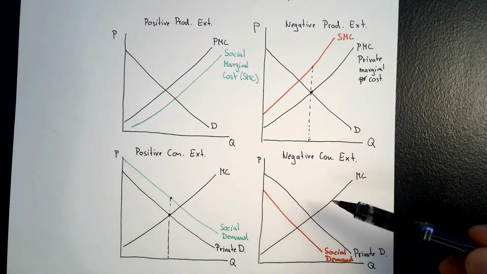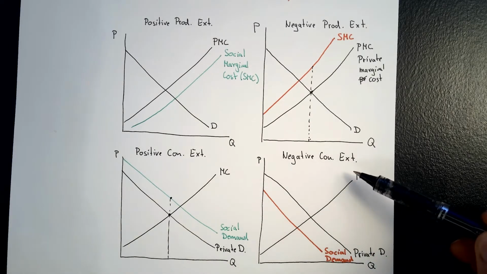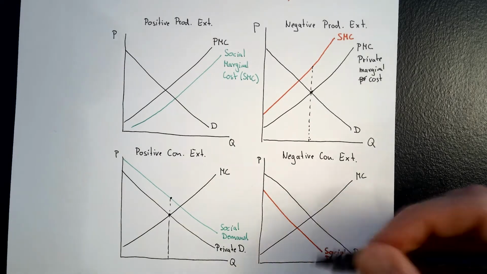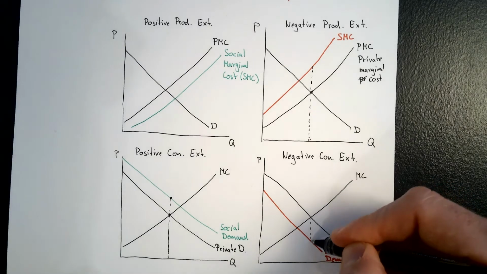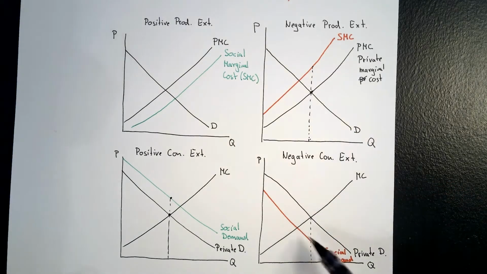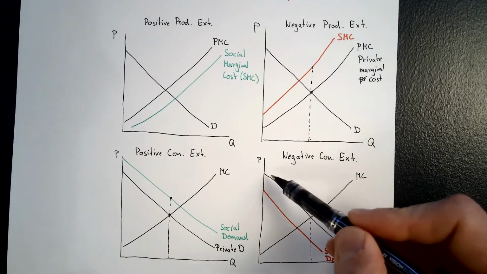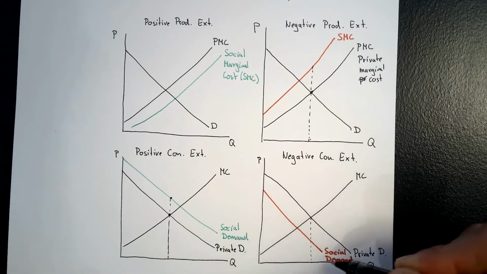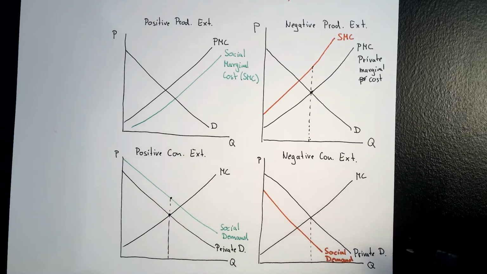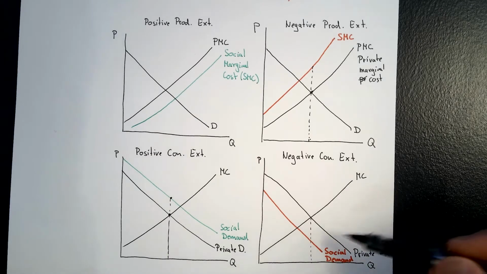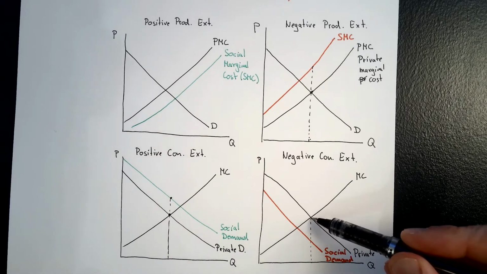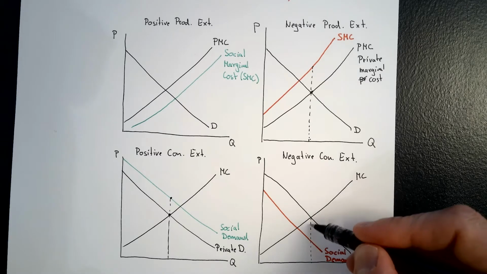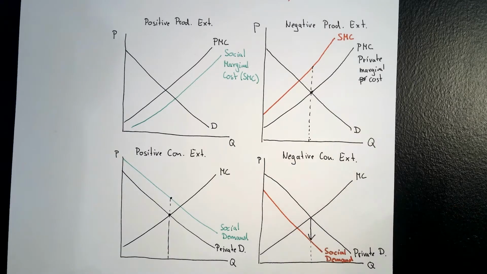The opposite is true if you are having a negative consumption externality. In this case, you have the equilibrium again where the marginal cost intersects the private demand. But since there's a cost associated with the consumption, think about cigarette consumption or smoking, people would like to have less of it.